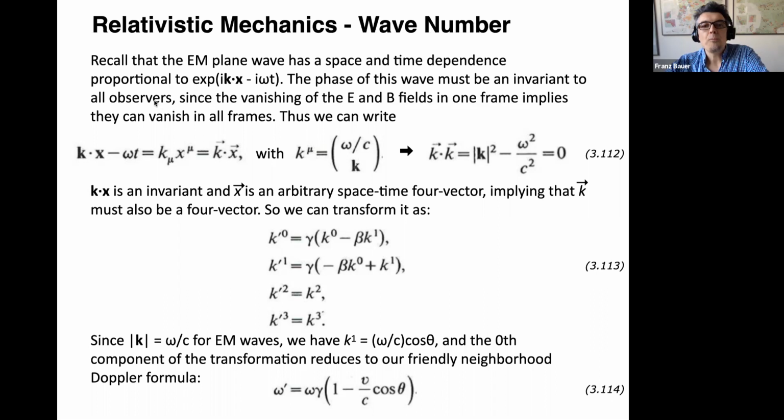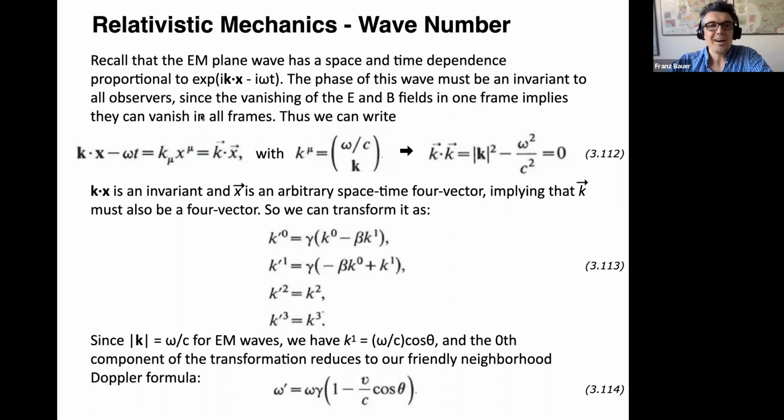If we have this thing, this wave has a phase, it should be invariant. And so this means that the E fields and the B fields should be able to transform from one frame to the other, or rather that if it vanishes in one frame, it should vanish in all frames.